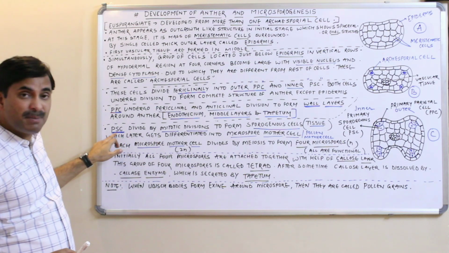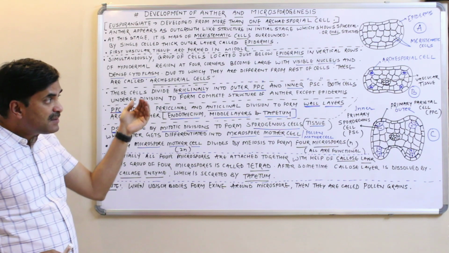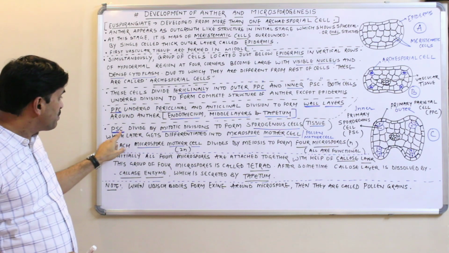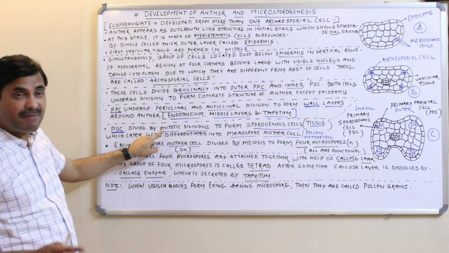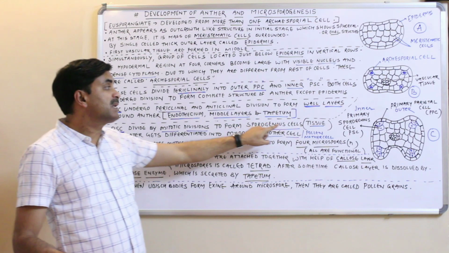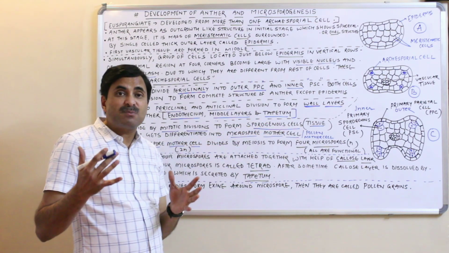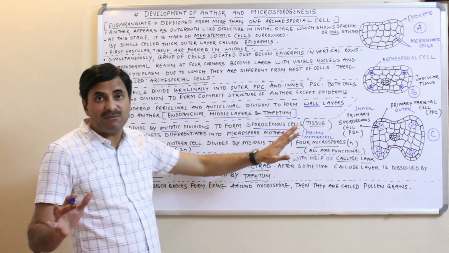Now, what about the second cell, the PSC? PSC is the cell present below the PPC towards the center. The primary sporogenous cell divides by mitotic division to form the sporogenous cells. We know very well that a group of sporogenous cells is also called sporogenous tissue, so don't be confused.